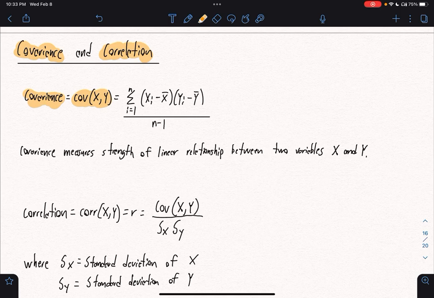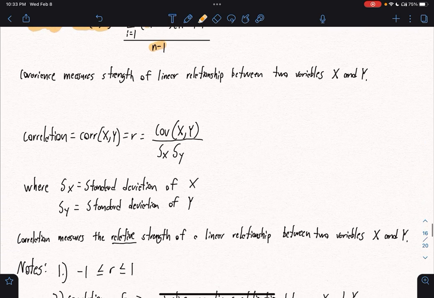We're taking every data value of X, subtracting its mean, taking every data value of Y, subtracting its mean, and then multiplying those two values together, summing them up and dividing by n minus 1. Very similar to variance. But we don't need to be too worried about this formula. We're not going to have to work with it by hand, but I just wanted to introduce it.